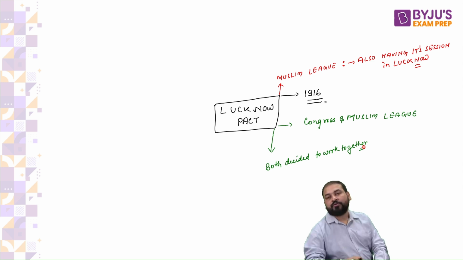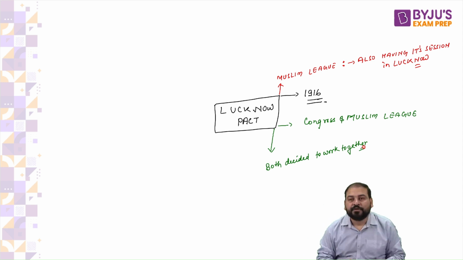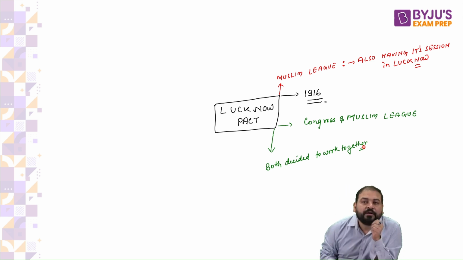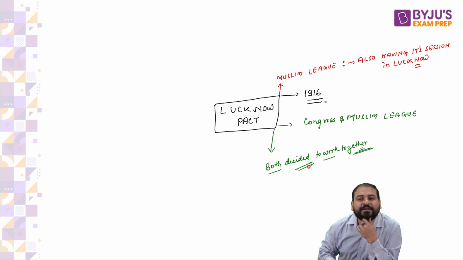All of you, tell me one thing. Day before yesterday, you studied Muslim League. We studied there that Muslim League was formed so that Muslims don't join Congress. Now we are seeing that both of them have decided to work together. What has changed in 10 years? All of you think.